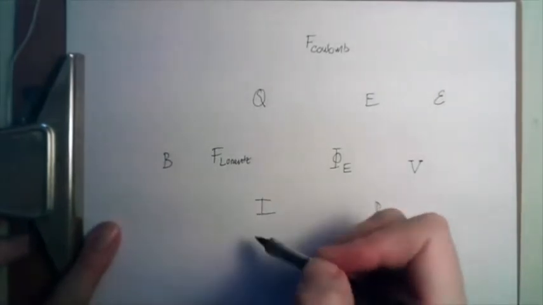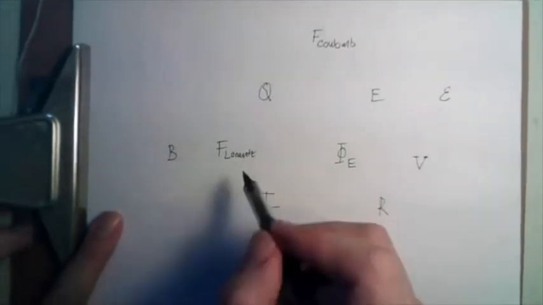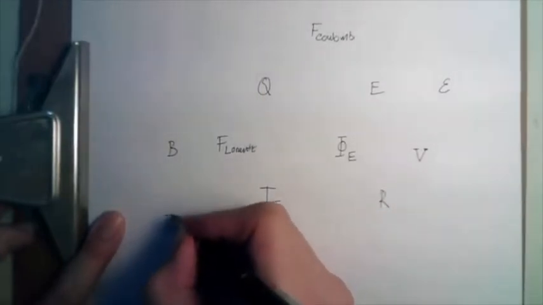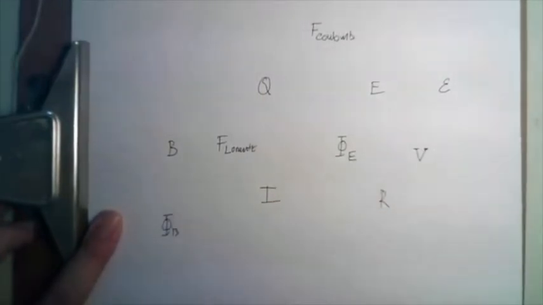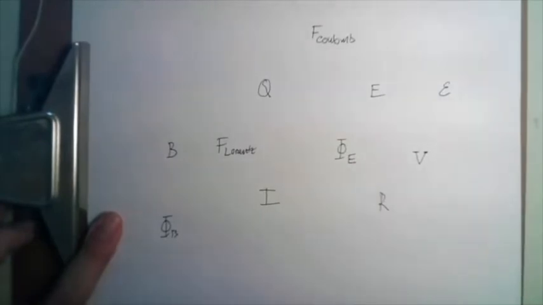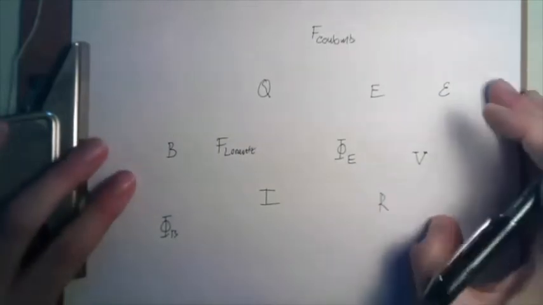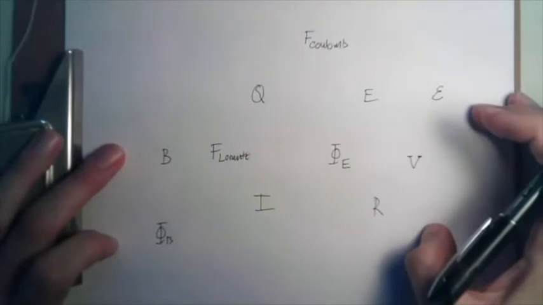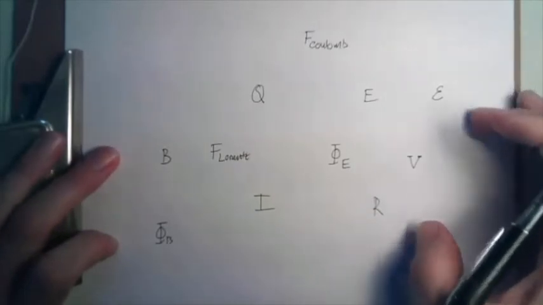There's a Lorentz force that is felt, and then there was also a flux for magnetic fields, and these are the basic physical constants that we introduced.